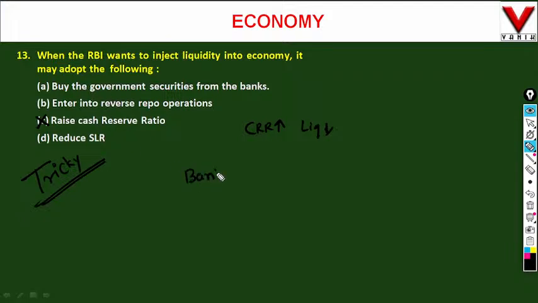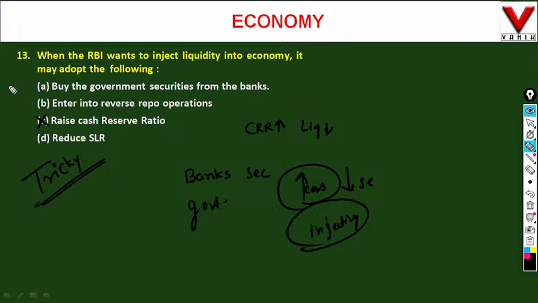Suppose the banks have securities, and the government has cash. If the government gives cash to the bank, then the bank will give securities. So it is injecting liquidity. Yes, one is right. Last, it reduces SLR. Reducing SLR also increases liquidity.